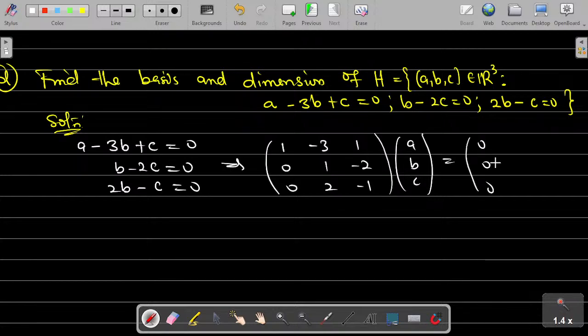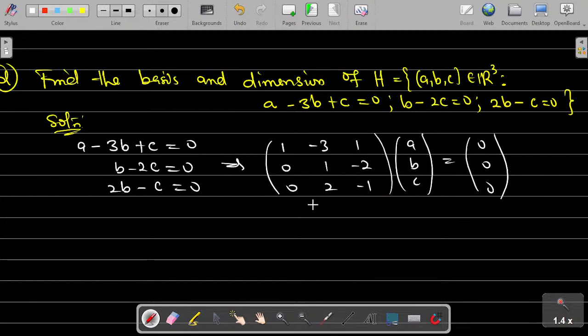All we need to do is reduce this to its echelon form, and then the number of column vectors you have will give you the number of basis vectors and also the dimension.